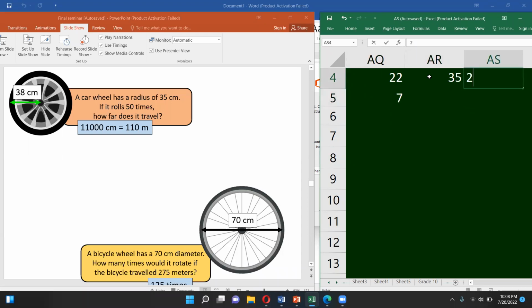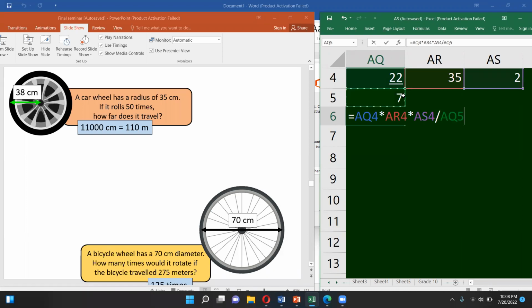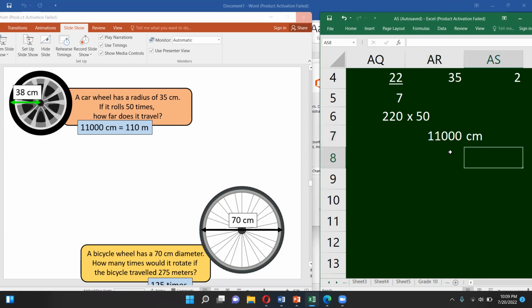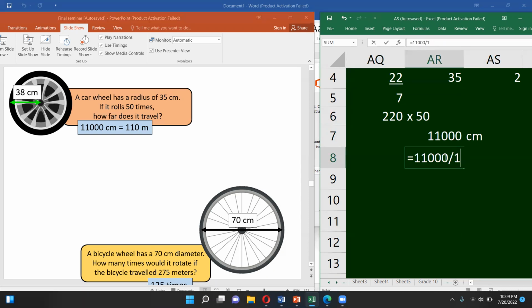So this is 220. That multiplied by 50. In terms of centimeters, it is cm. How do we convert it to meters? Divide by 100. This is 110 meters.